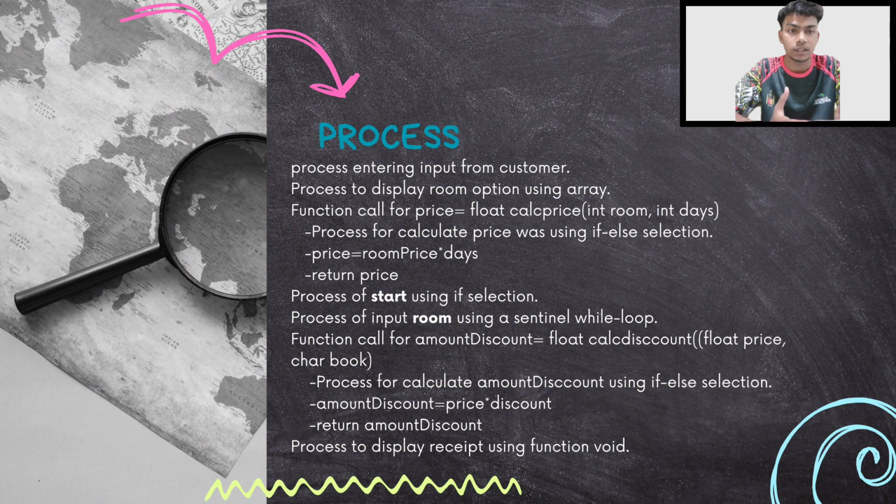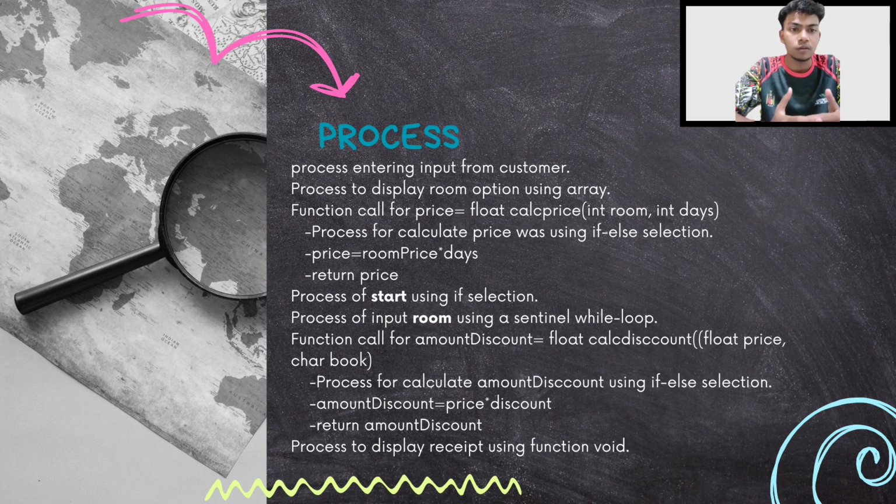For our process, entering input from customer, then displaying room options using an array. Function call for price equals to float calculate price, integer room and integer day. The process for calculating price uses if else selection: price equals room price multiplied by day, return price.